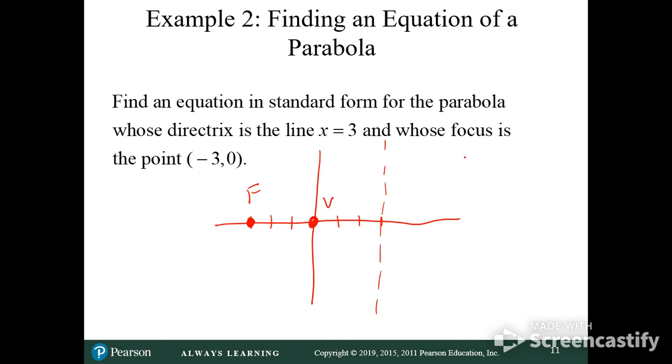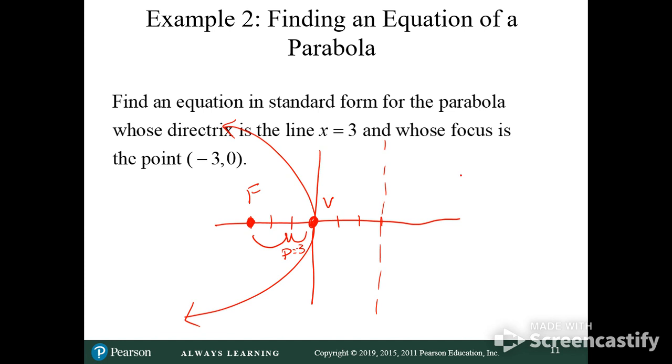So it's going to wrap around the focus, like this and like this. P is the distance between these two. What's that distance? 3. And we're going in the negative direction, so p equals negative 3.